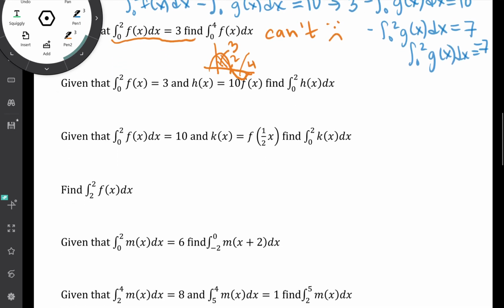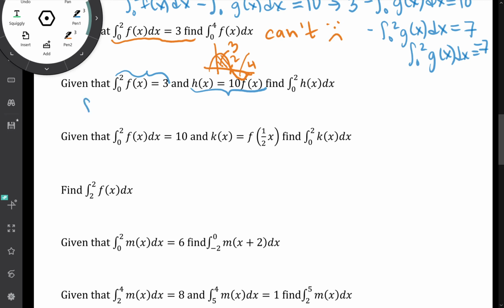Okay, next one. If we know that the integral from 0 to 2 of f of x is 3, and we know that function h is just 10 times function f, can we find the integral from 0 to 2 of h of x? So I think we do have properties that can help us out here. This is what we're asked for.